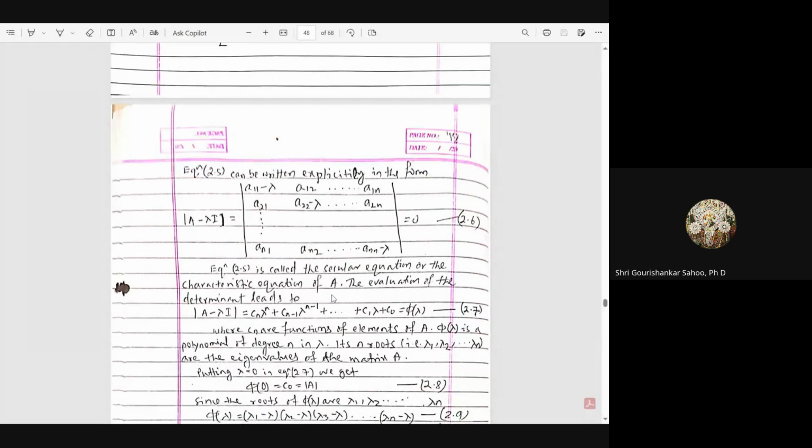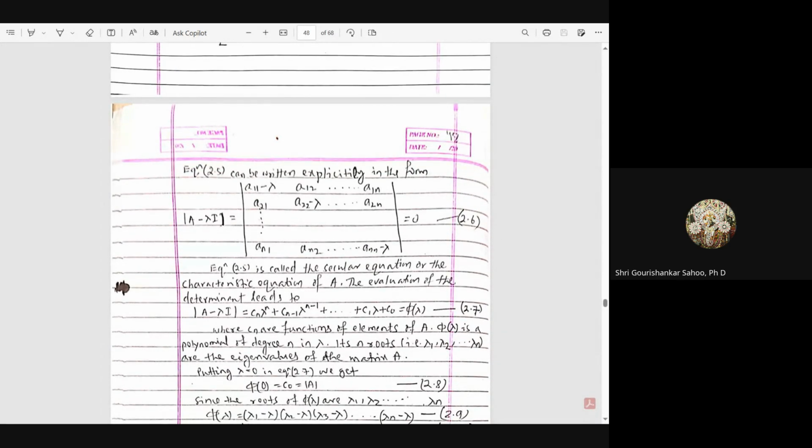So you can write it explicitly in the form A minus lambda I. That is nothing but A11 minus lambda. So lambda is subtracted from the diagonal elements: A11 minus lambda, A22 minus lambda, Ann minus lambda, and all other terms remain as they are.